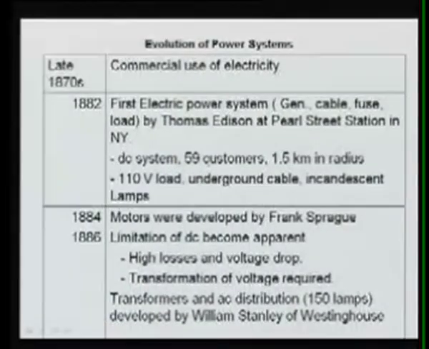The first electric power system, which started in 1882, was invented by Thomas Edison at the Pearl Street station in New York, USA. This power system was a DC system, consisting of DC generators, cables, fuses, and the load.